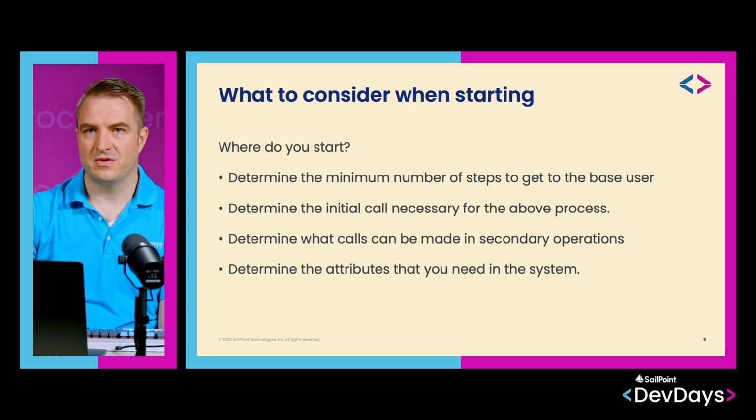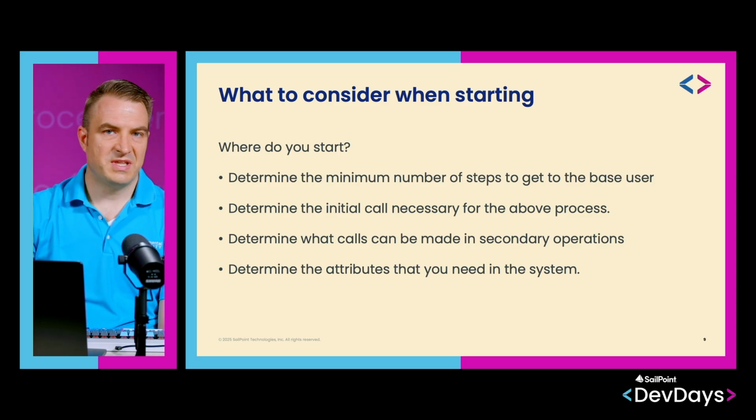That's going to tell you how complex your web service after operation rule is going to be, and where you need to look to see which data you need to pull out from each of those steps to be able to get your user object as the final return value.